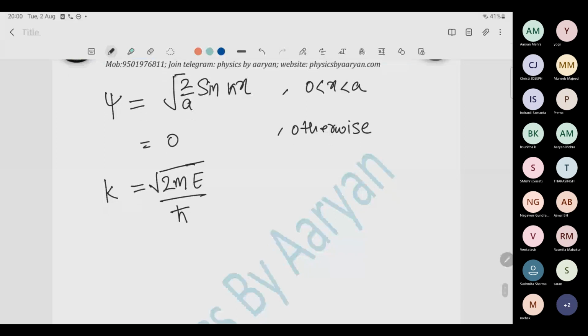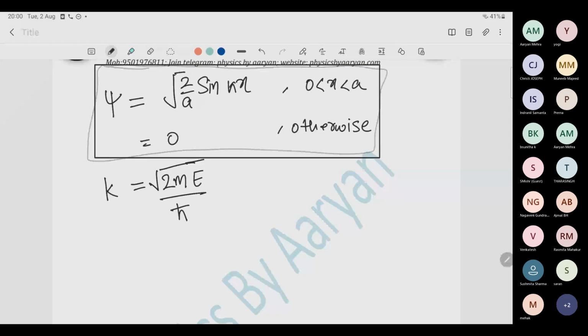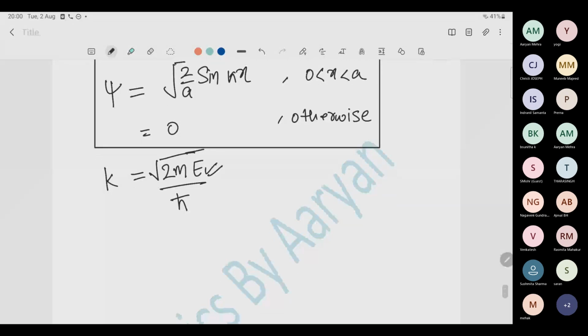I said if you know the wave function, you know the value of energy and linear momentum. But till this point, no one can tell me what is actually the value of energy. What are the possible values of this energy?